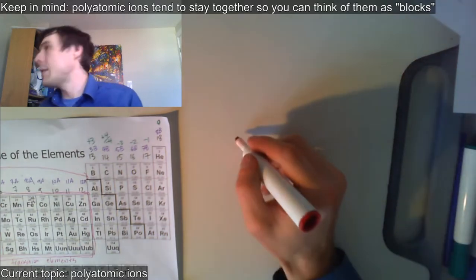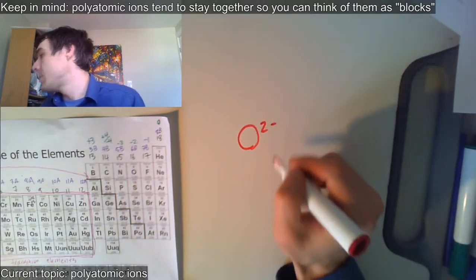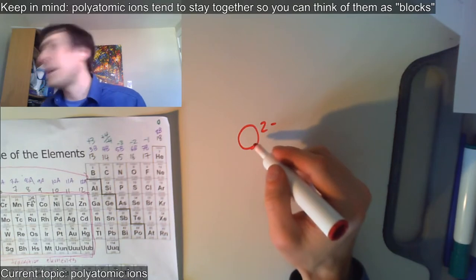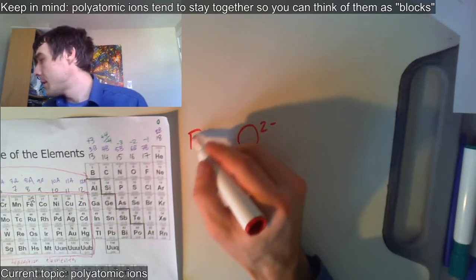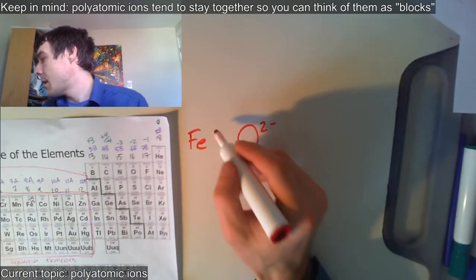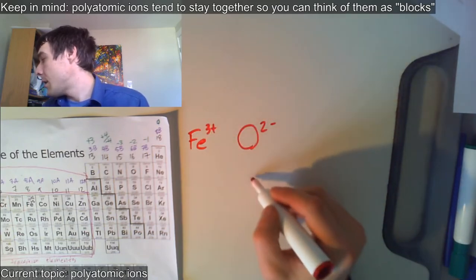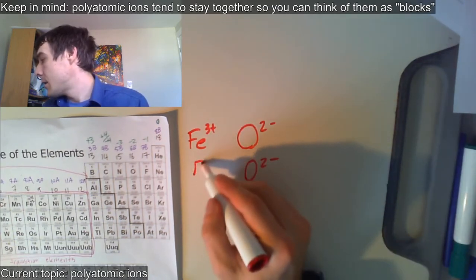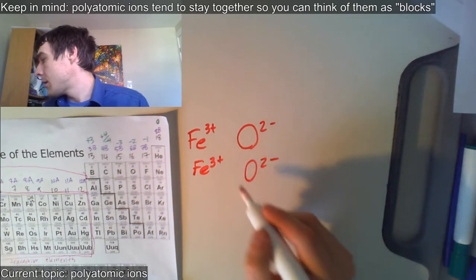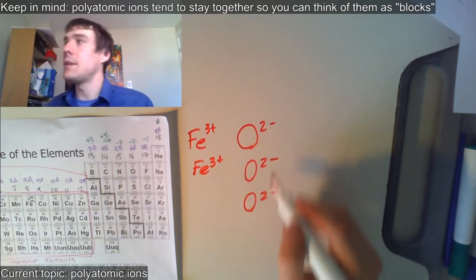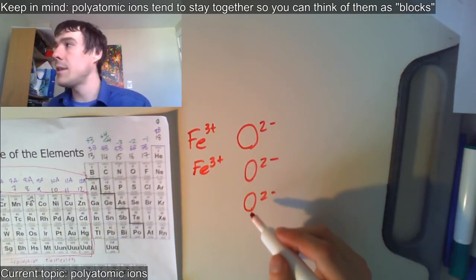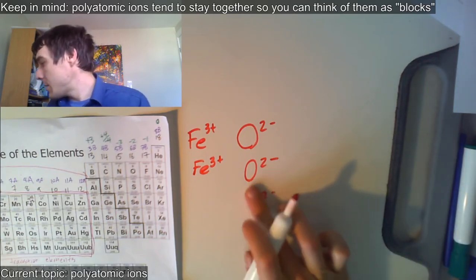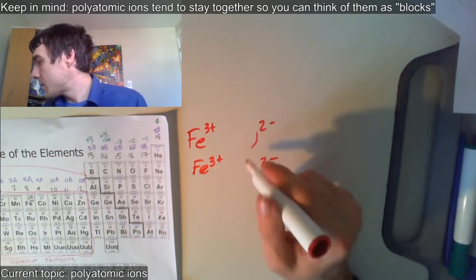Well, think about how oxygen 2- is an ion, and you can have, say, iron 3 oxide. There's 3 of these 2- that are associated with it. Well, that would be true no matter what had that charge of 2-.